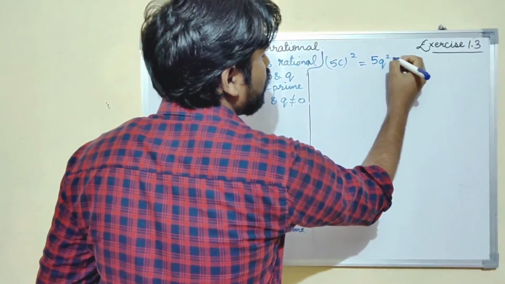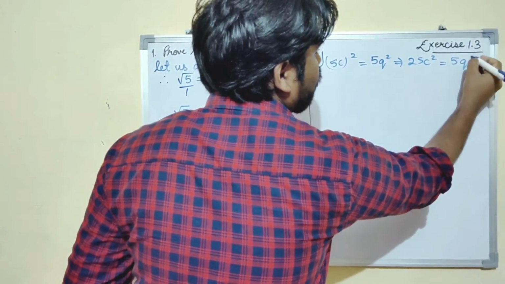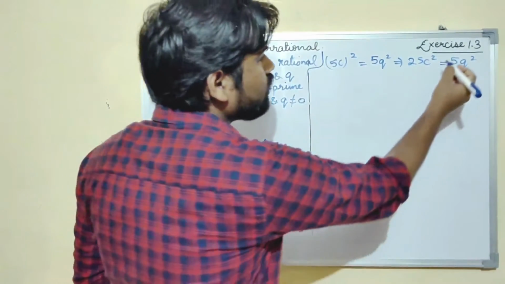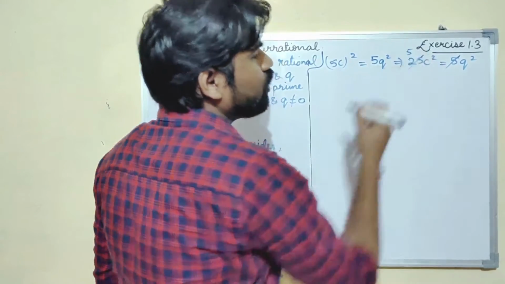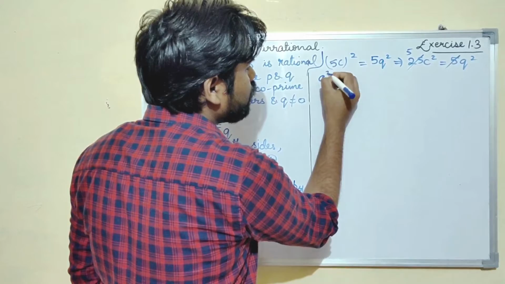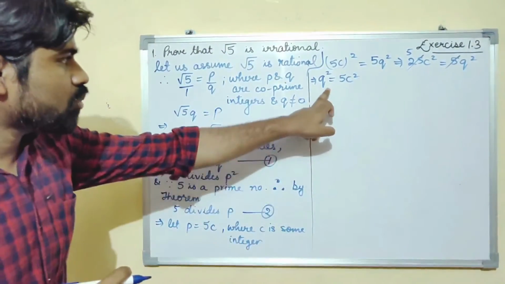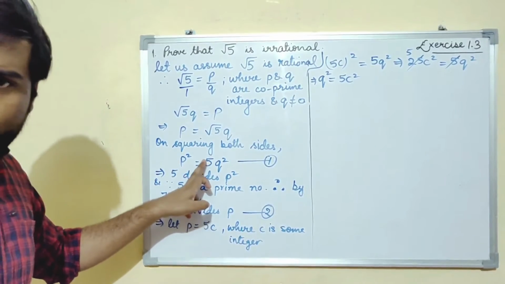After solving this, you'll get 25c squared equals 5 q squared, right? And we'll solve this: 5 fives are 25, so q squared equals 5c squared. This is similar to the expression p squared equals 5 q squared, right?